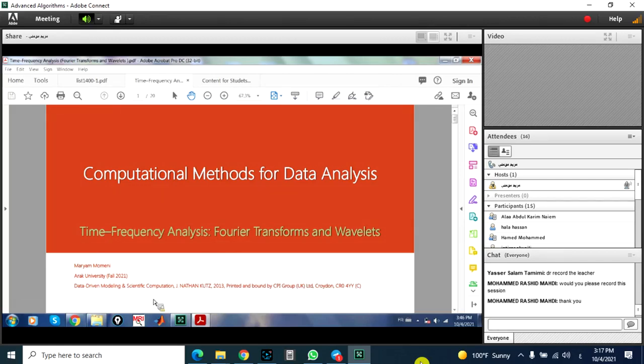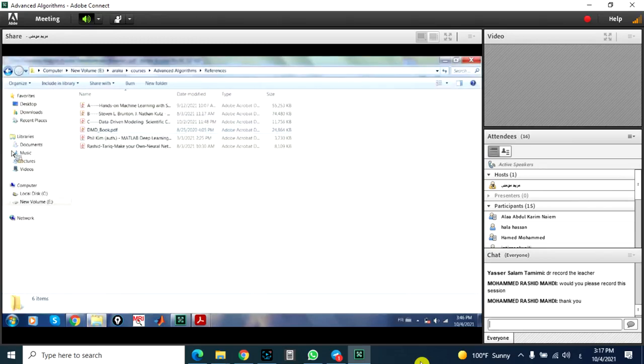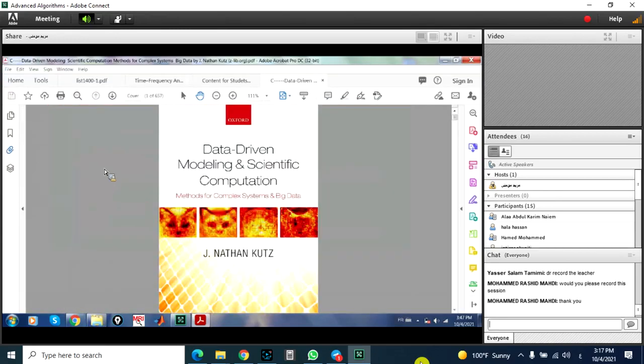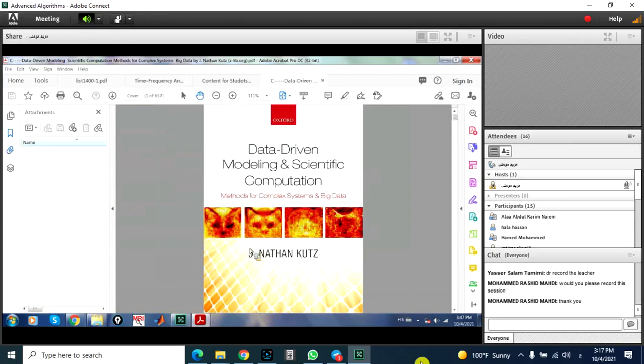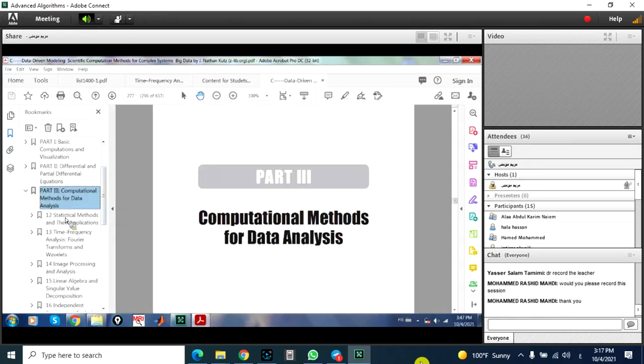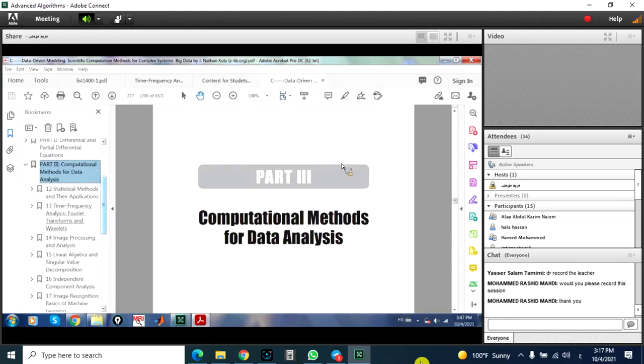The reference of this session is reference C. I uploaded it in the LMS: reference C, part 3, computational methods for data analysis, and chapter 13, time-frequency analysis.